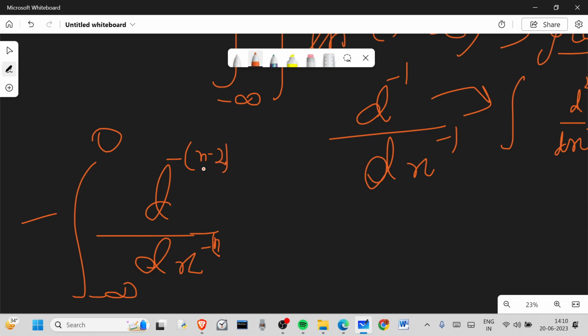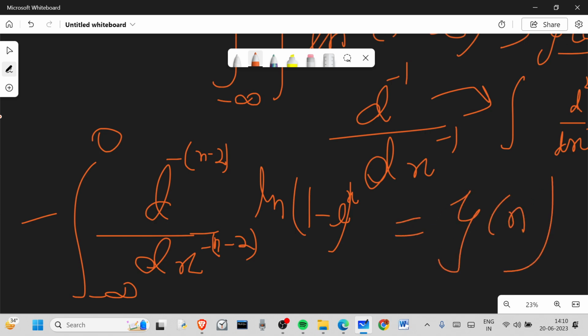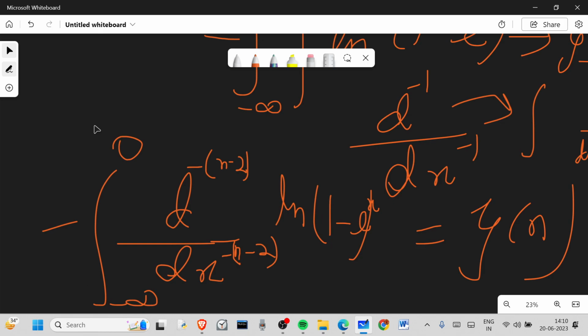That is for zeta at n, you have to put n minus 2 over here, because for zeta at 2 you have to do nothing. For zeta at 3 you have to put one indefinite integral over here. So using this notation, it's a very cute formula for zeta at n, a generalized one, and it's good to operate it on differentials.